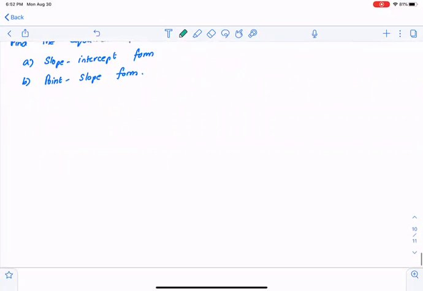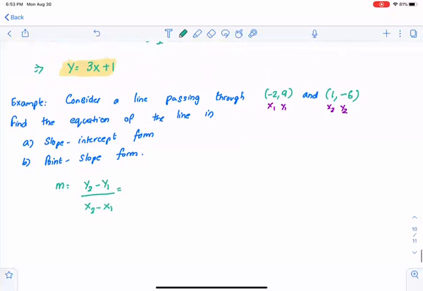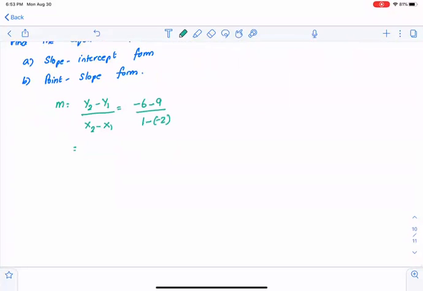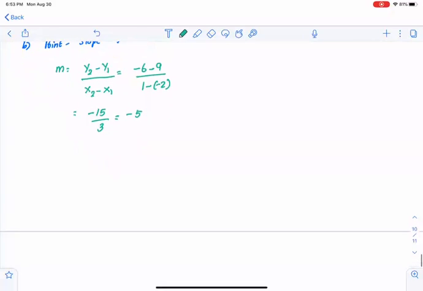So the slope is y2 minus y1 divided by x2 minus x1. y2 is minus 6, y1 is 9, so we have minus 15, divided by x2 which is 1, and x1 which is minus 2, so 1 minus of minus 2, which would give us -15 over positive 3. And that is simply -5.